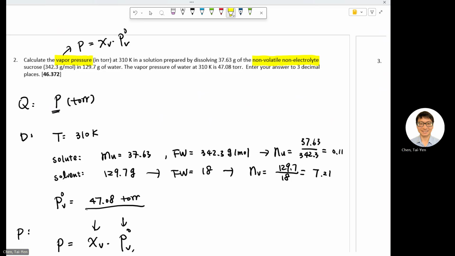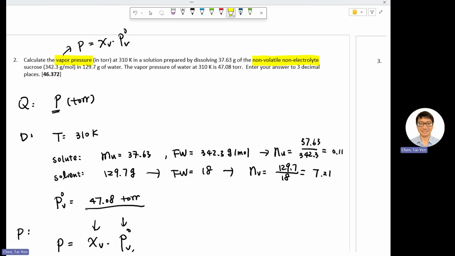Okay, I forgot to mention this earlier. So what does that mean? When you have things that are non-volatile, non-electrolyte. When we talk about the vapor pressure, the default thinking is that only your solvent will contribute to the vapor pressure, meaning that your solute is actually just a solid.